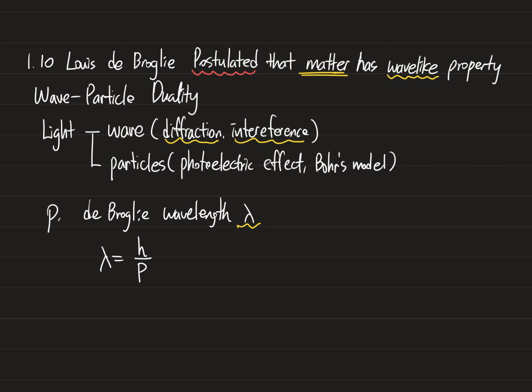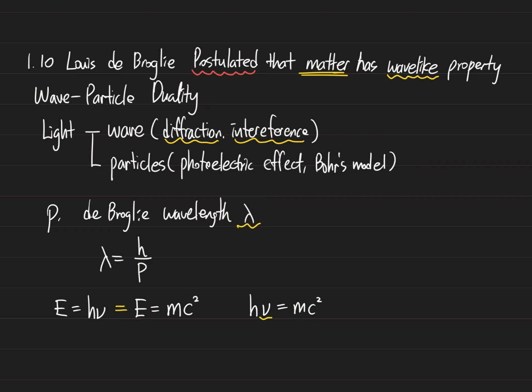So where does this beautiful equation come from? Actually, this is from Planck's relation, energy is given as h nu, and Einstein's mass-energy equivalence, energy is mass multiplied by the square of the speed of light. These two should be the same. That means h nu should equal mc squared.